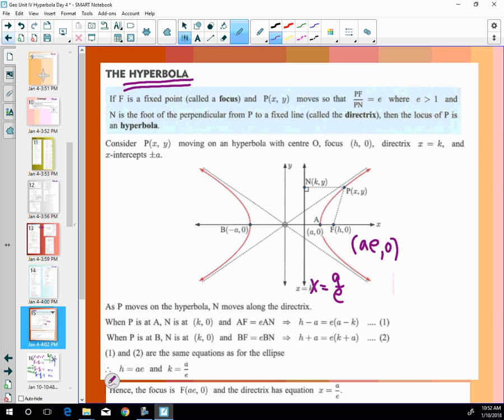But what's different is this. If you took x squared over a squared plus y squared over b squared equals 1, and let's say we moved this over to this side, you get y squared over b squared equals 1 minus x squared over a squared.